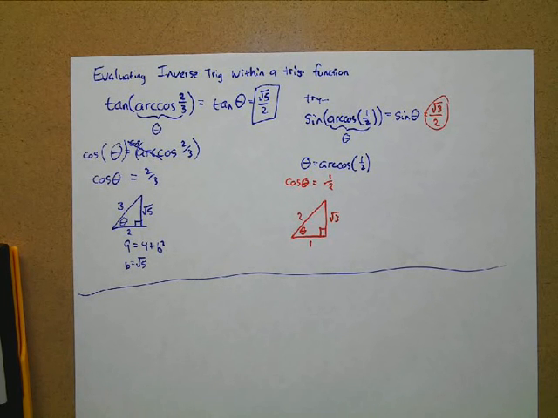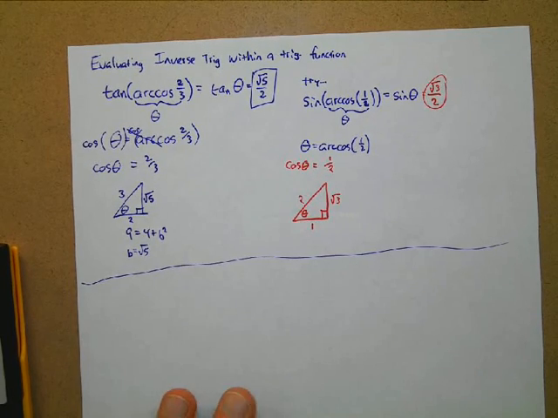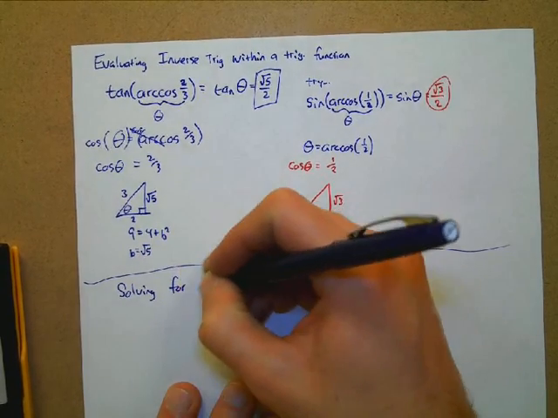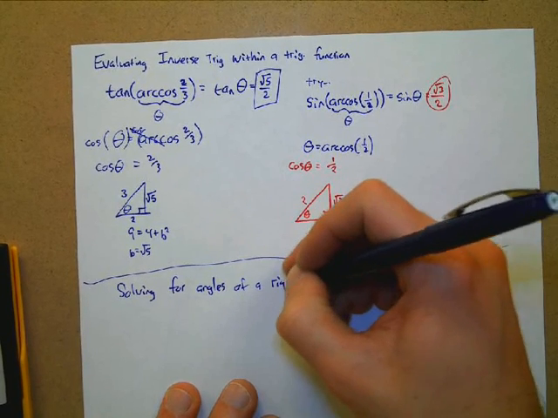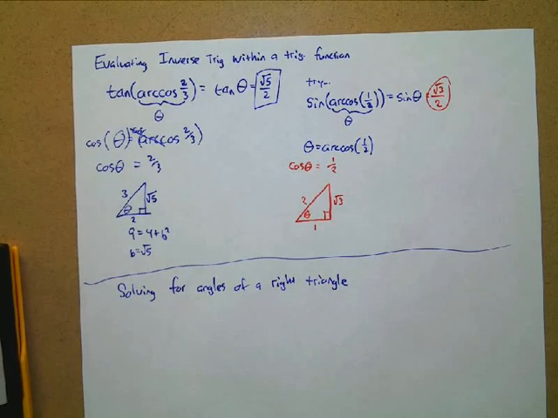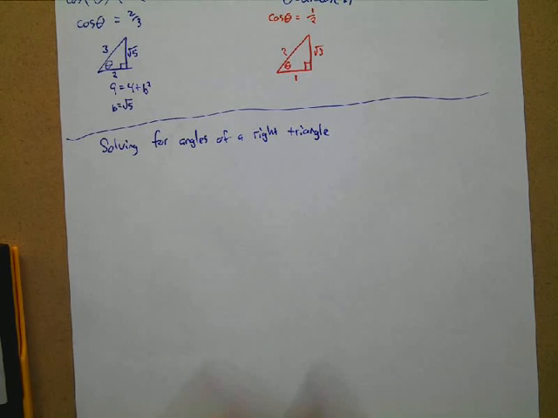For example, we'll just do one of these here. Let's say I've got a right triangle here, and I want to find the measure of angle theta.